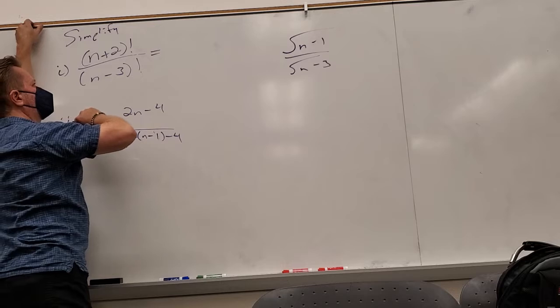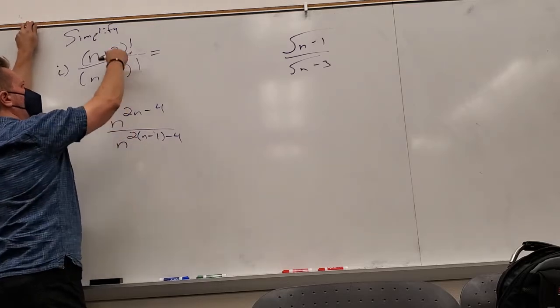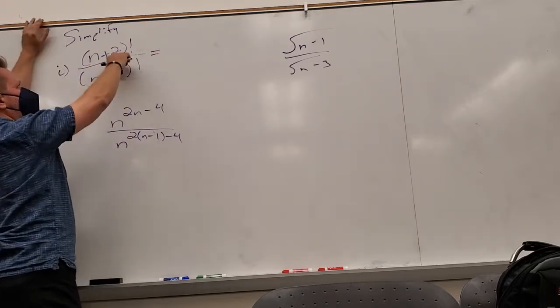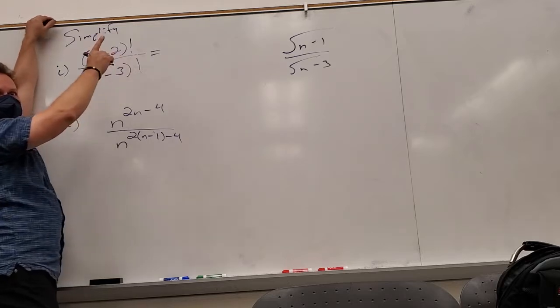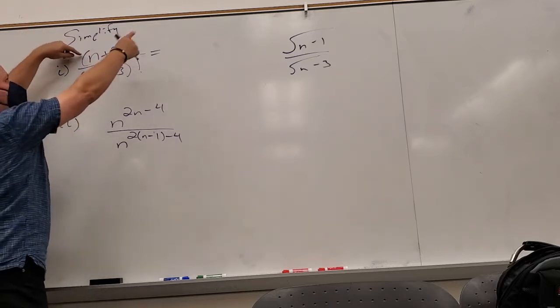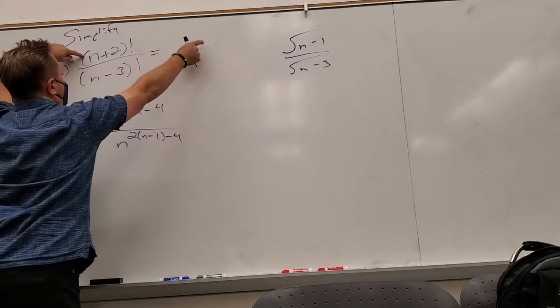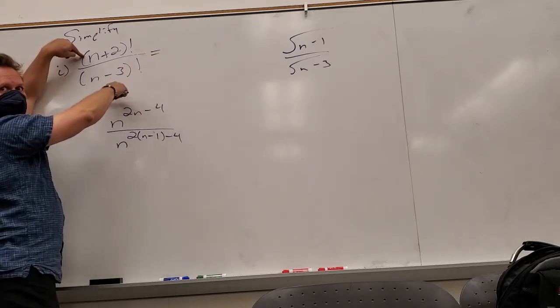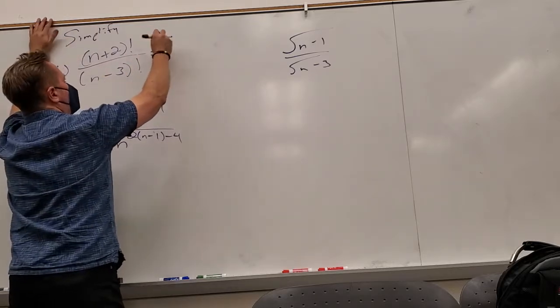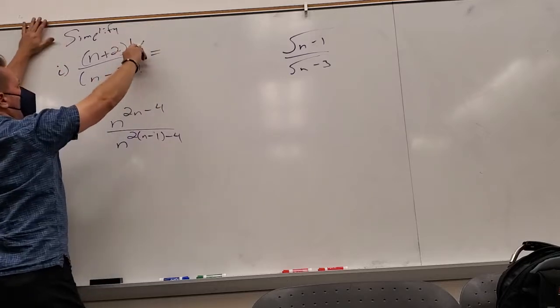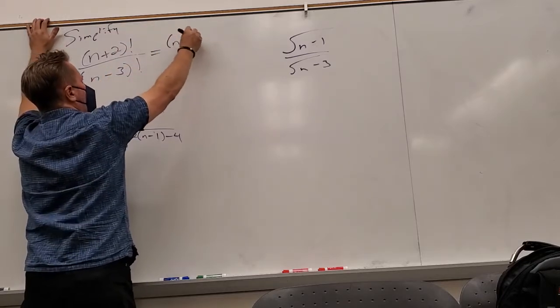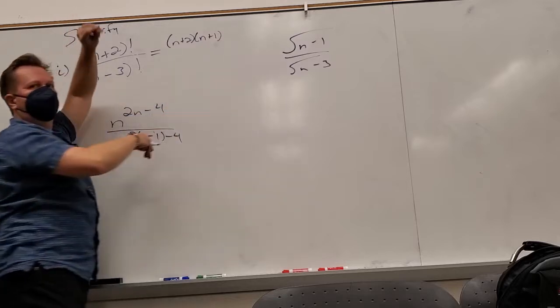You keep on writing terms till you get to n minus. Which one of these am I going to break out? The top one, because it's bigger. Eventually it's going to become this guy, n plus 2. I really want to make sure everybody understands how this works. Anything factorial is that thing times one less forever.